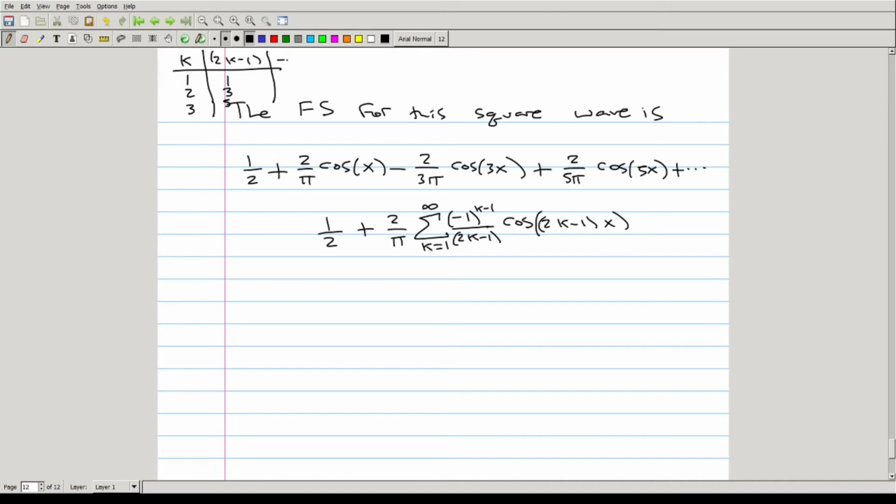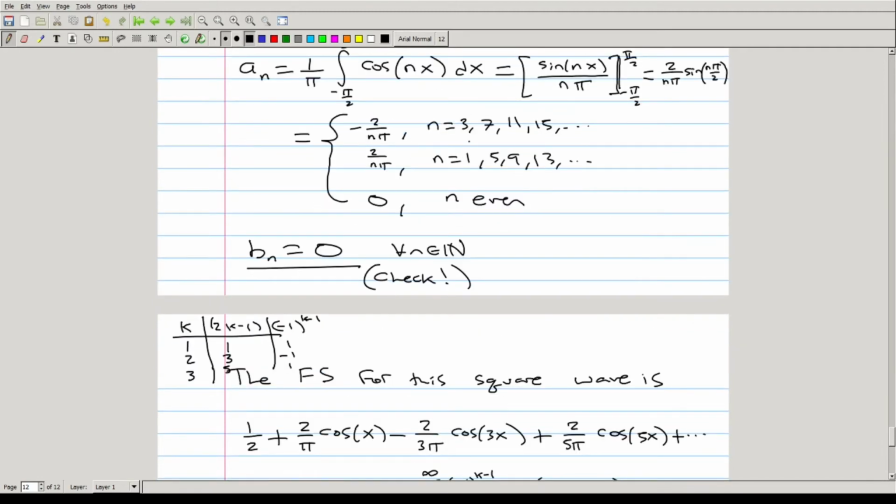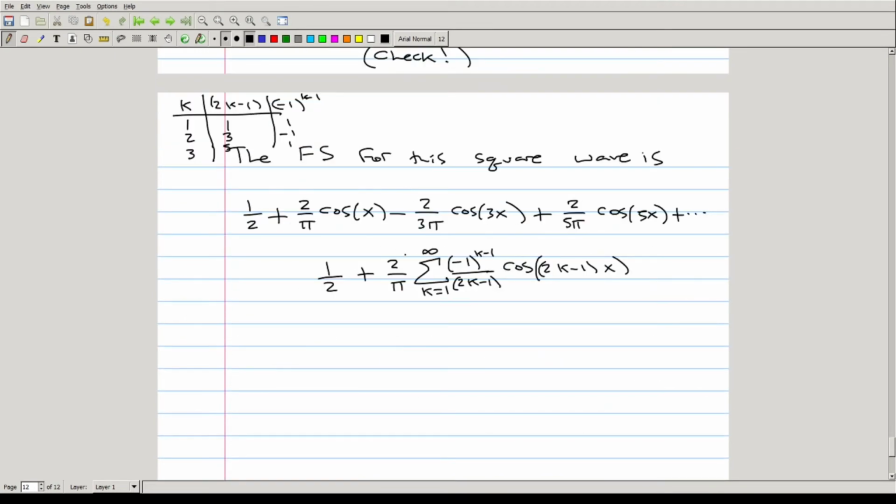And likewise, negative 1 to the k minus 1: when k is 1, you get negative 1 to the 0, which is positive 1. When k is 2, you get negative 1 to the 1, which is negative 1, and so on and so forth. So this is matching this right here perfectly, and this series is the correct Fourier series for this square wave example.